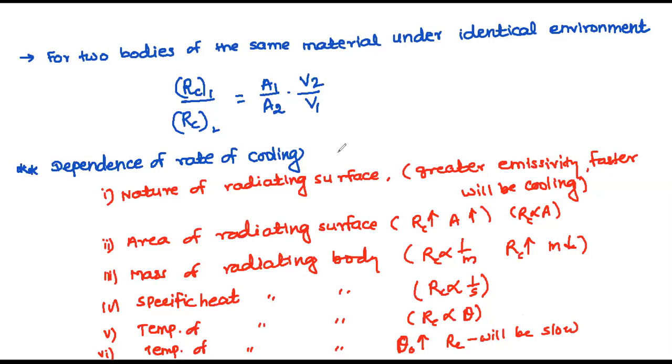Or you can write it like this if you want: greater theta naught, slower cooling. Okay, these are some factors of dependence of rate of cooling.